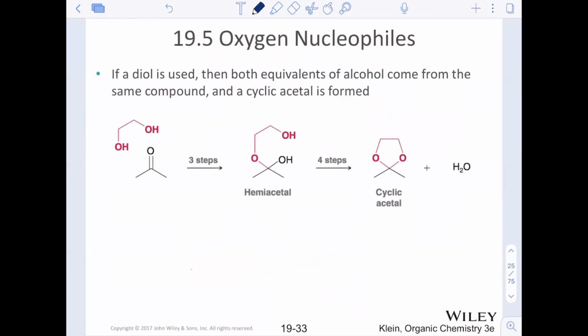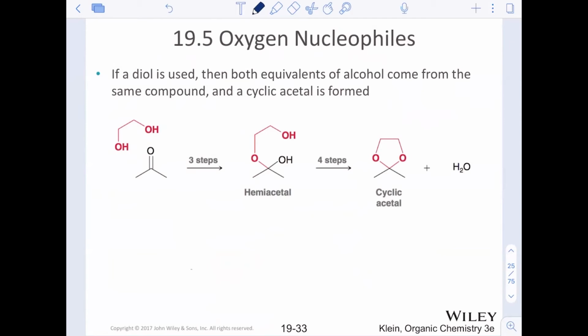If a diol is used, then we will actually use both equivalents of that alcohol from the same compound. So a cyclic acetal is formed, and the cyclic acetal is formed because an intramolecular reaction is more favored than an intermolecular, right?